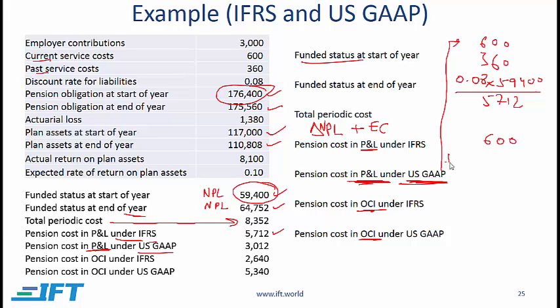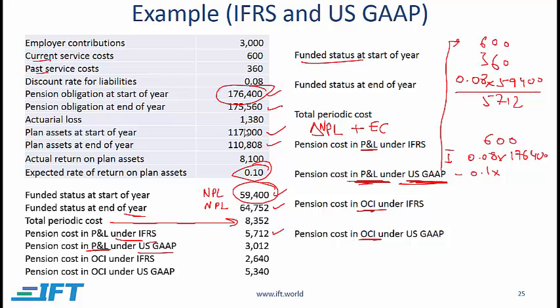Then we have the interest expense, which is going to be 8%, 0.08 multiplied by the pension obligation at the start of the year, which is 176,400. And from this we subtract the expected return on plan assets. So we are going to subtract 10%, which is 0.1 times the plan assets at the start of the year.